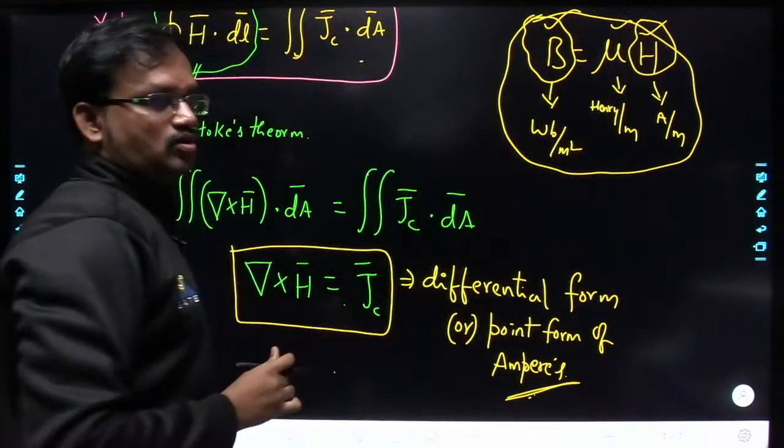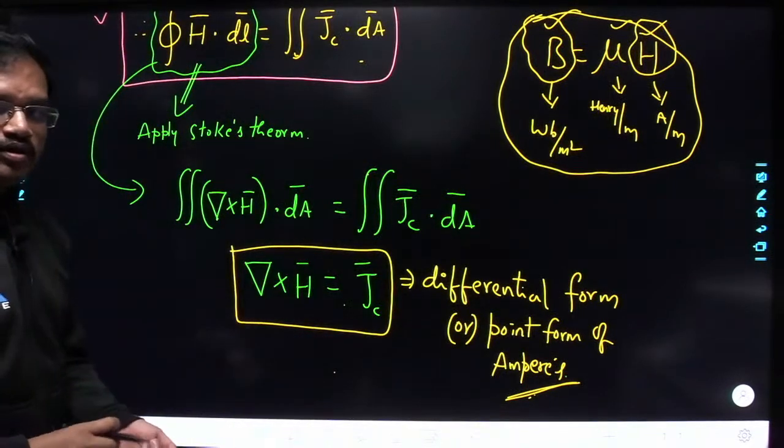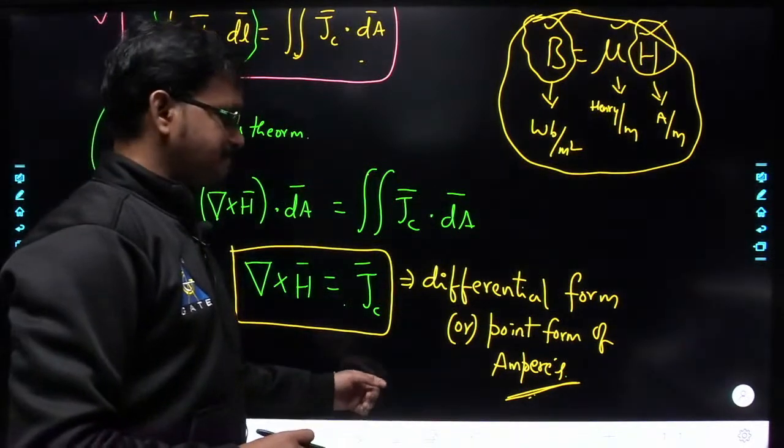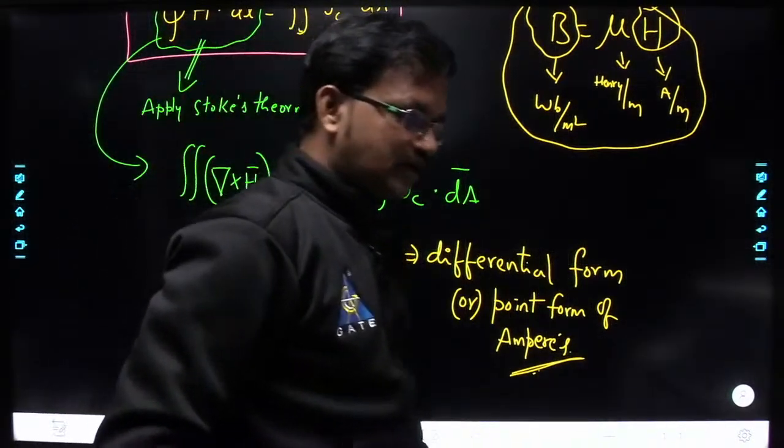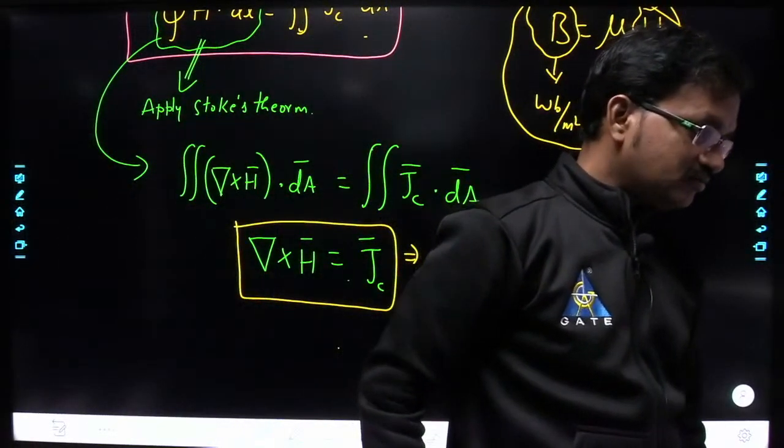So B is equal to mu into H, right? Okay. What is your doubt here, Parasmoon? Be specific here.